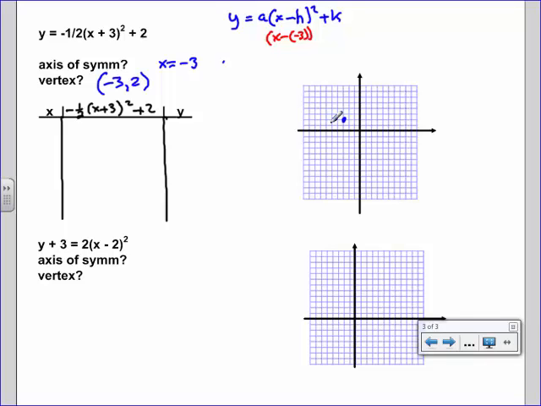And our axis of symmetry we know is x equals negative 3. Now again, we'll do the same technique. One right of negative 3 would be negative 2. One left would be negative 4. Two right would be negative 1. Two left would be negative 5.